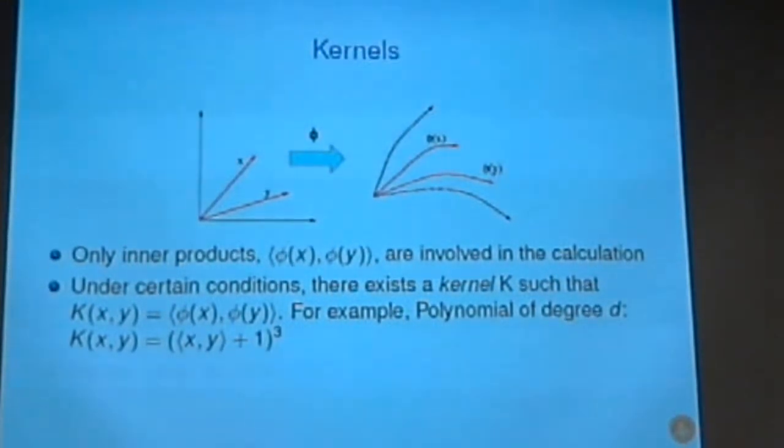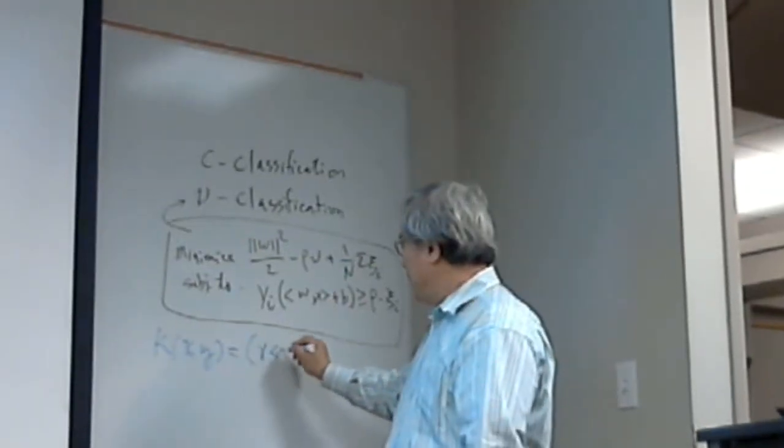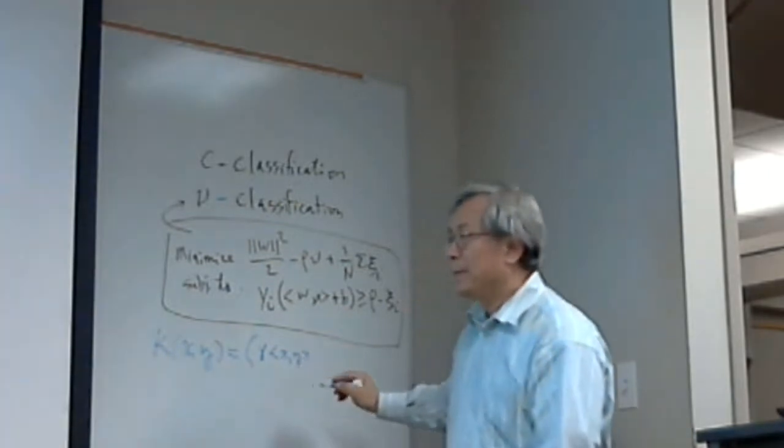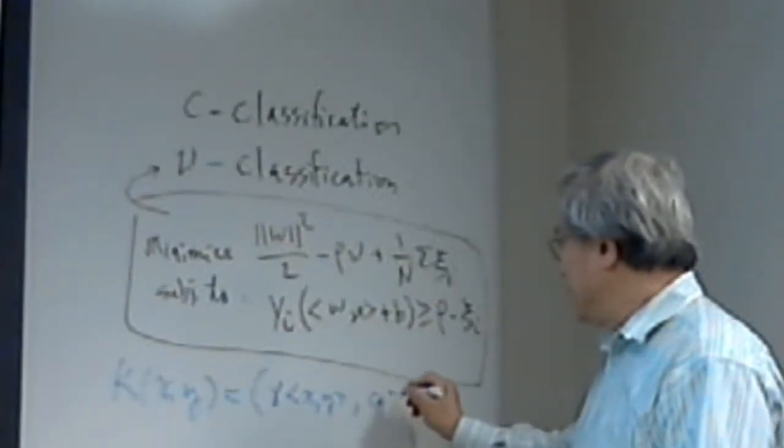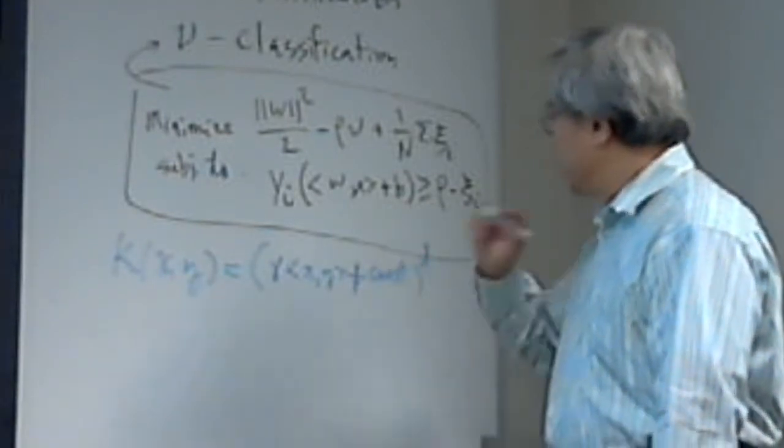Polynomial of degree d, like this, for example. Actually, the package we're going to talk about that implements this idea uses a polynomial of this form: gamma times the inner product of x and y, plus some constant, to the degree d.